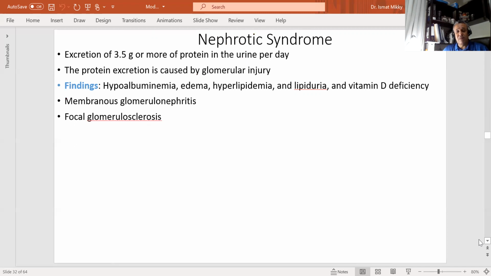Frequently, nephrotic syndrome will result as a complication from the AGN, from the acute glomerulonephritis. The patient will have generalized edema, foamy urine, hypertension, and ascites from the loss of the protein and the shifting of the fluid to the interstitial space into the abdomen.